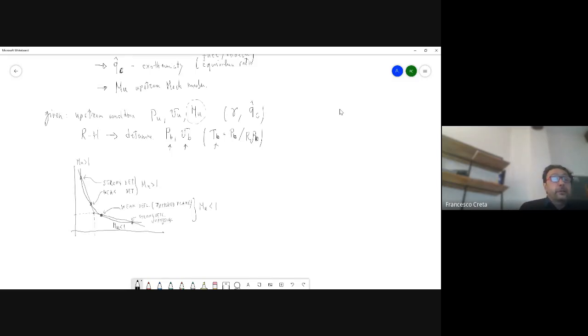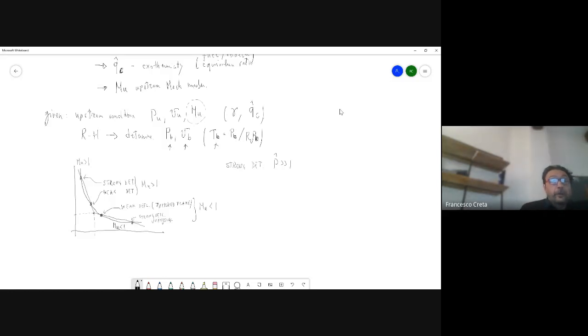Generally here, for strong detonations, you have essentially a very, very strong compression.